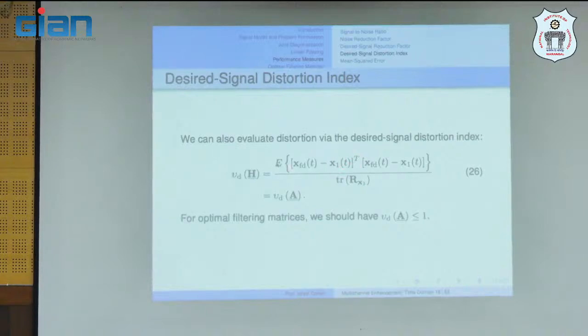This is what we get at the output of the matrix filter, but it contains two parts: the filtered desired signal and the residual noise. So for the distortion, we just look at the difference compared to the filtered desired signal, just like what we did with the single channel. And we normalize it with the trace of Rx1. The distortion is positive, between 0 and 1, and we want it to be as small as possible.